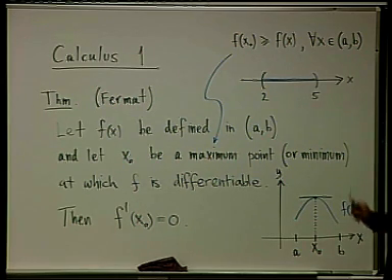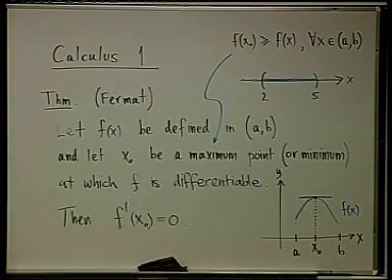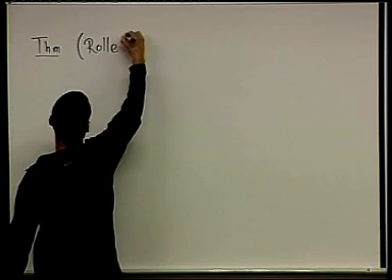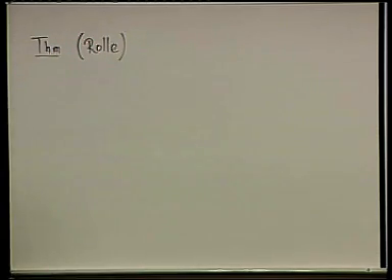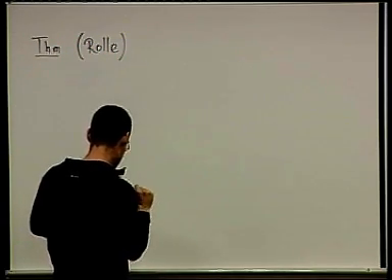So let's put on our second theorem. This second theorem is named after another French mathematician called Rolle. I don't know if there's anybody French here, but you can tell me how to pronounce it. Rolle, right? Is that correct? Okay. Rolle. And it says the following.